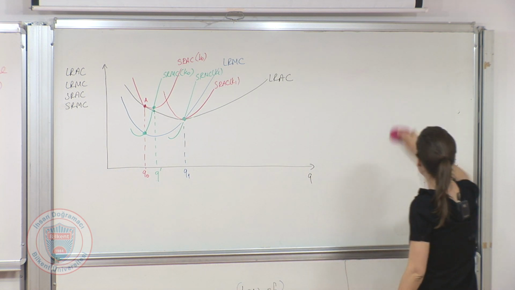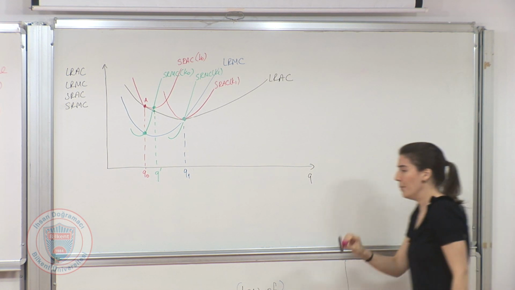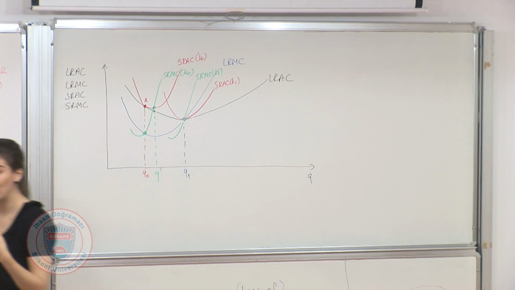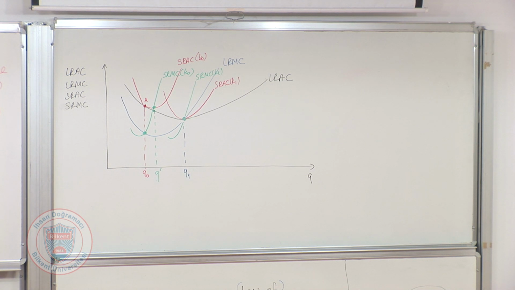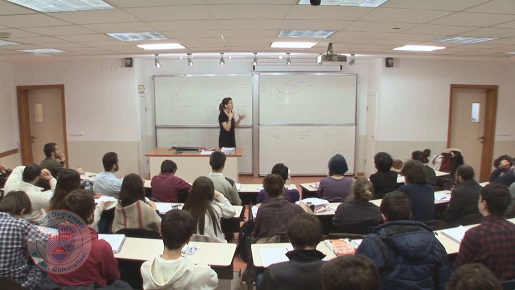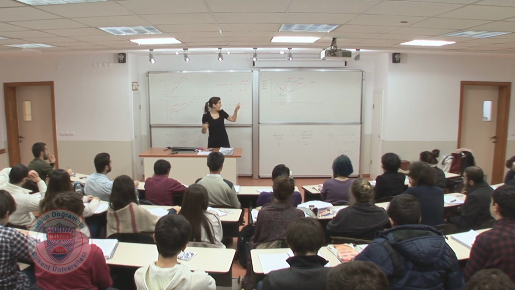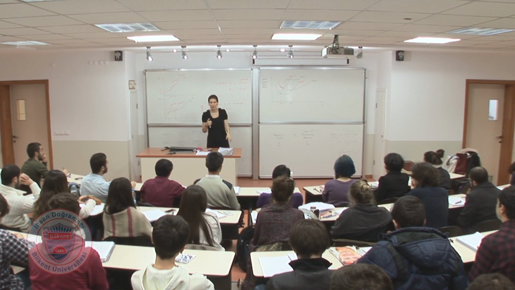So let me write this. This is going to be an important point because when we see the long-run decision of a firm, especially for a price taker, a perfectly competitive firm, dealing with their long-run decision, you'll see that that point is very important, okay?